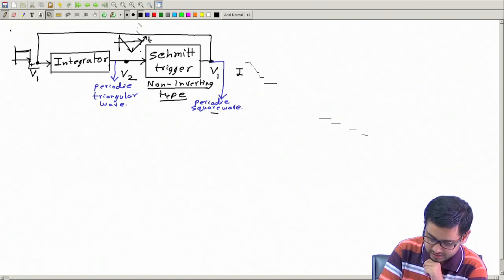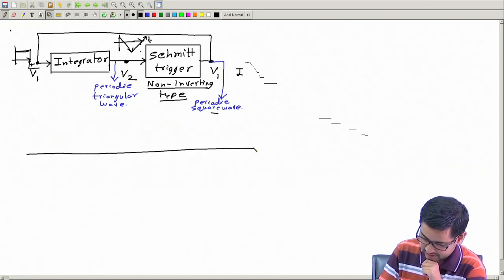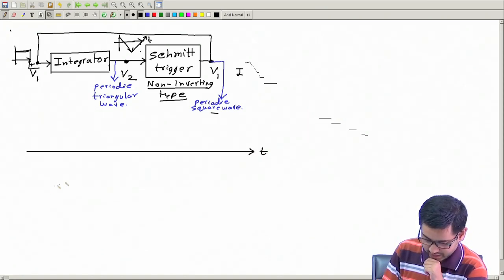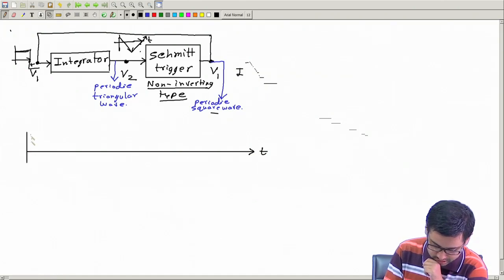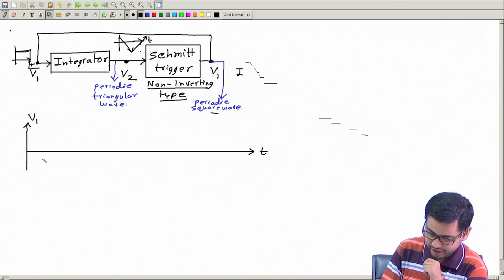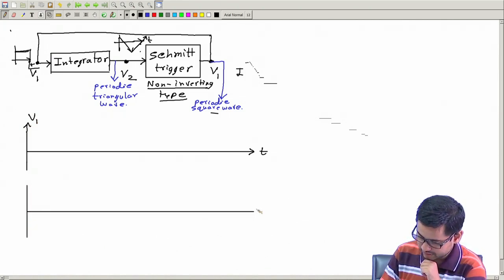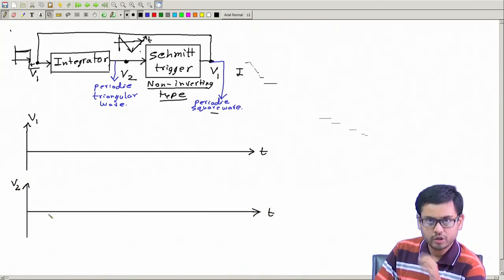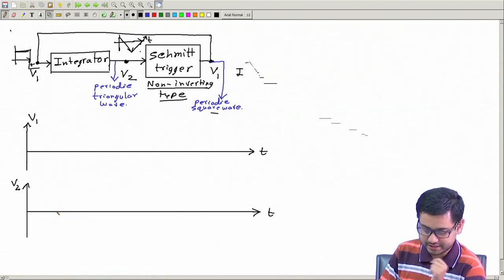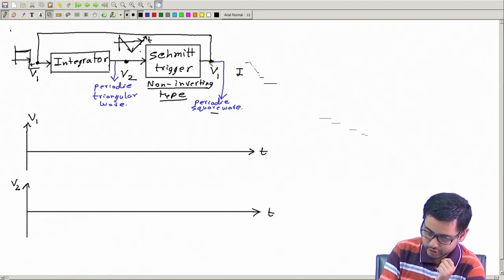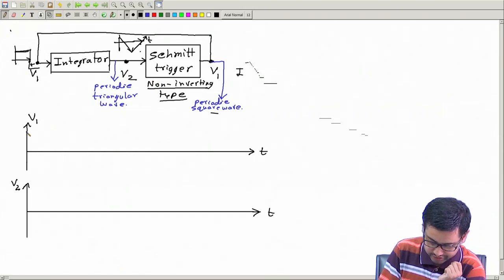Say this is the time axis, and I shall draw V1 as a function of time. I shall also draw V2 as a function of time. We shall again start our analysis with the assumption that V1 is positive initially.